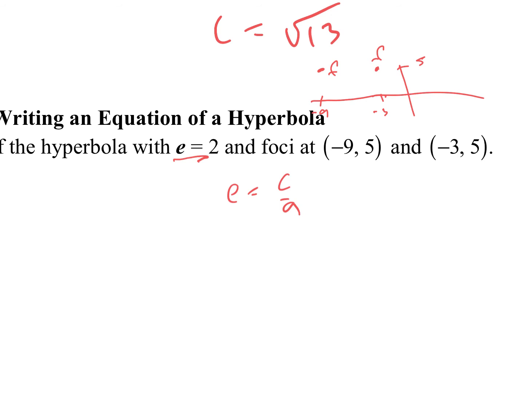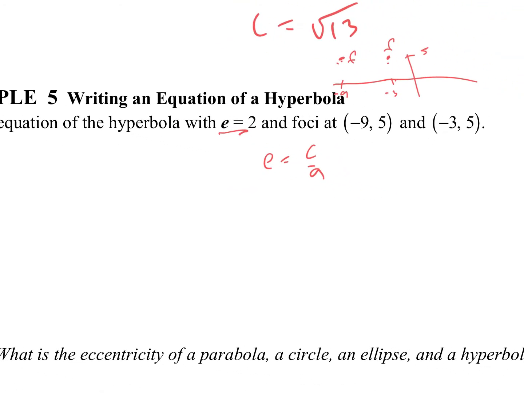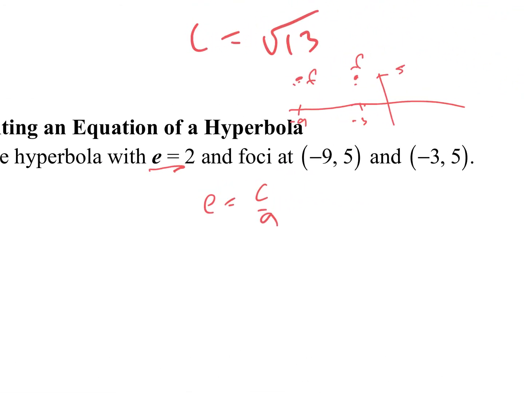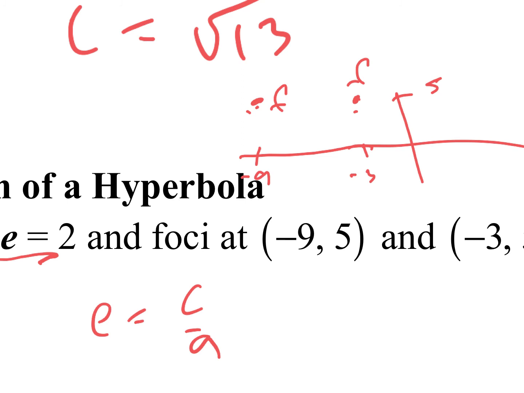What's the distance between those? The distance between -9 and -3 is 6.